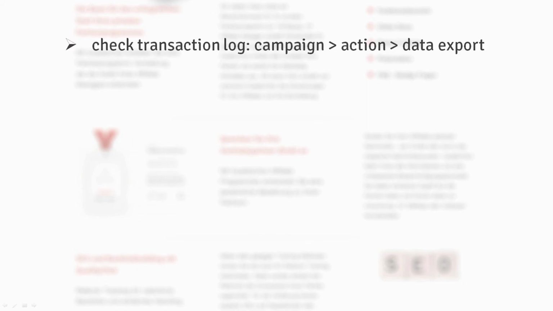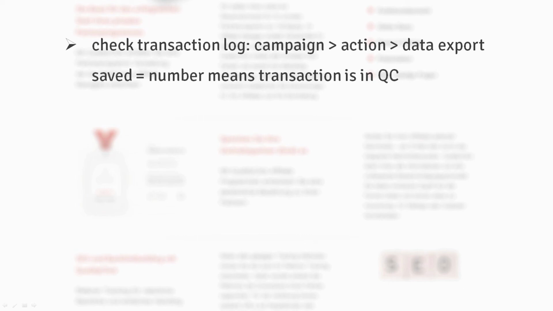So in this case you need to check the transaction log. You'll find the transaction log under campaign, action, data export, and check the row saved.